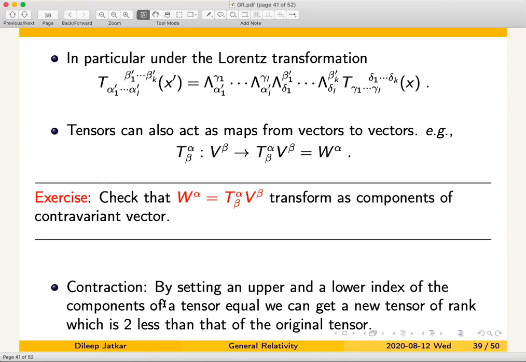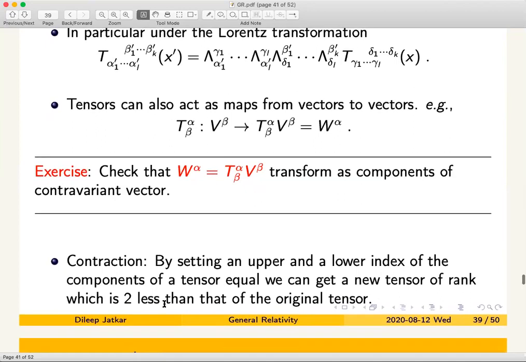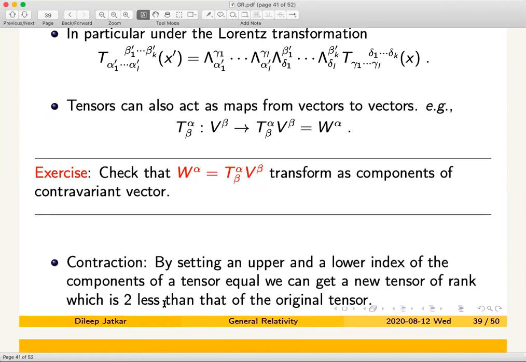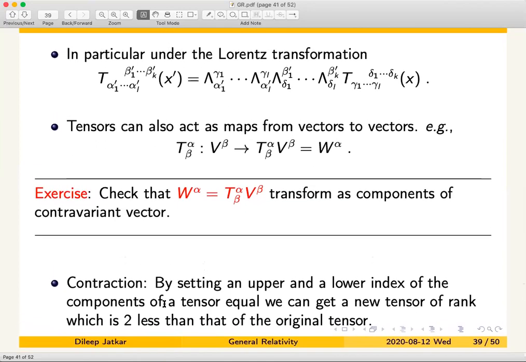So initially, suppose you had a (K, L) tensor, then by doing the contraction, you have a (K minus 1, L minus 1) tensor, because one contravariant index would be contracted with one covariant index. In that case, you have a reduced rank tensor. So the notion of contraction is defined in the case of tensors by themselves.